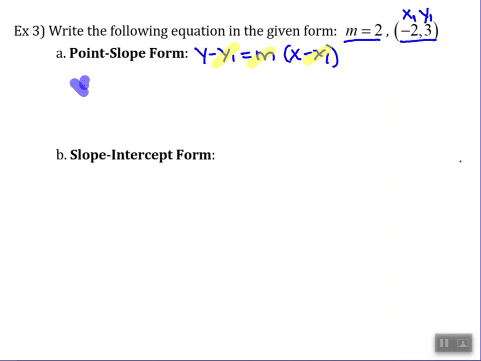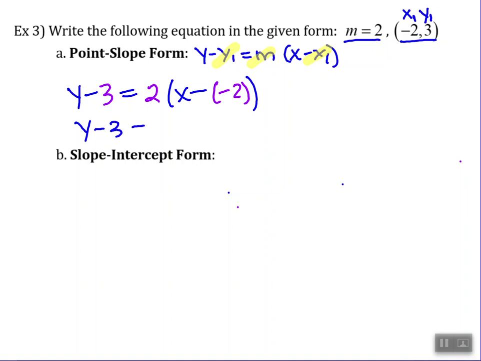So I'm going to do y minus, because that's the start of my formula, my y1, which is 3, equals my m, which was 2, times x minus, again that's in my formula, and my x1 here is negative 2. Remember this from last time, if it's negative I want to put it in parentheses. So I get y minus 3 is equal to 2(x plus 2). There's my point-slope form.